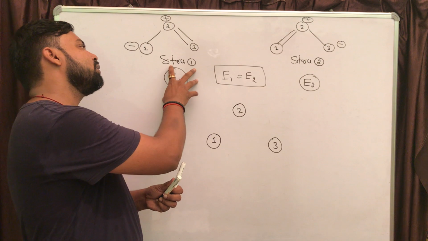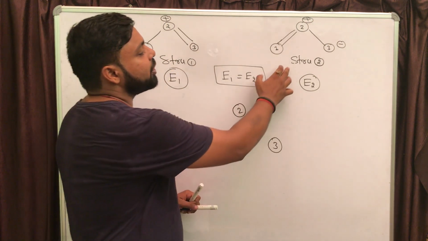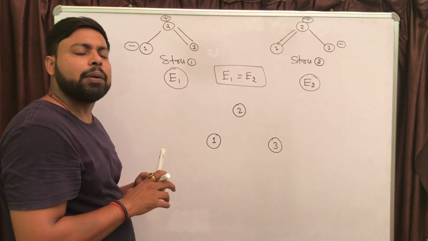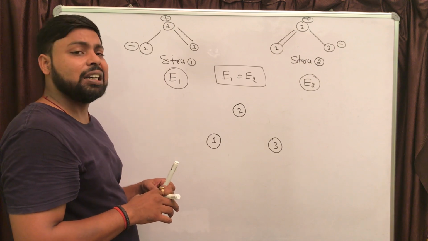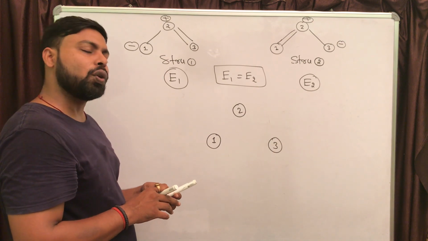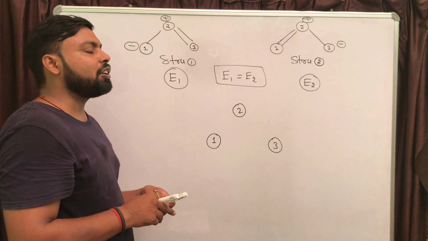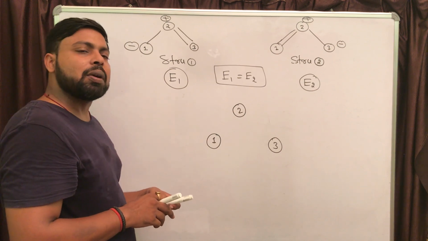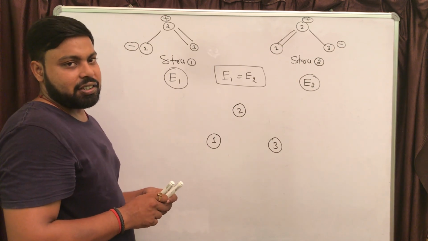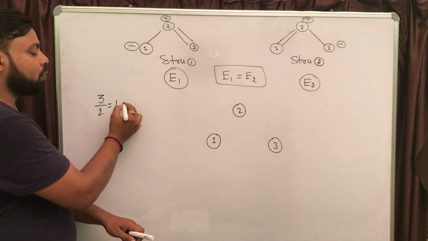In structure 1, there is one covalent bond between oxygen 1 and 2, and in structure 2, there is a double covalent bond between oxygen 1 and 2. Just count the total number of covalent bonds between oxygen 1 and 2, and there will be 3. And how many structures do we have? It is 2, right? We have 2 structures and the total number of covalent bonds between oxygen 1 and 2 is going to be 3. Take the average. The average will be 3 by 2, and that is 1.5.